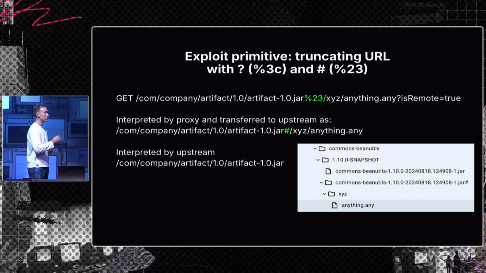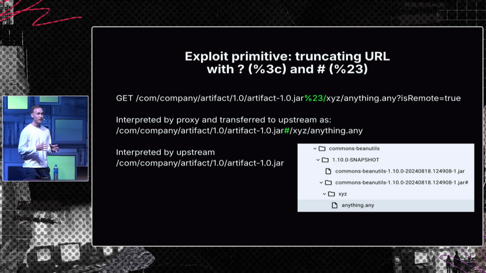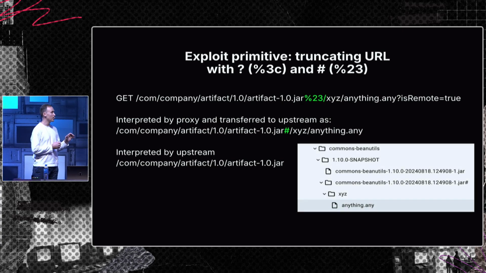But when this request is translated to the upstream repository, for example, to Maven Central, Maven Central only returns the content that is before the hash sign. So in this case, the content of artifact 1. So this would technically allow hackers to create arbitrary files with arbitrary extensions and arbitrary names on the target repository.